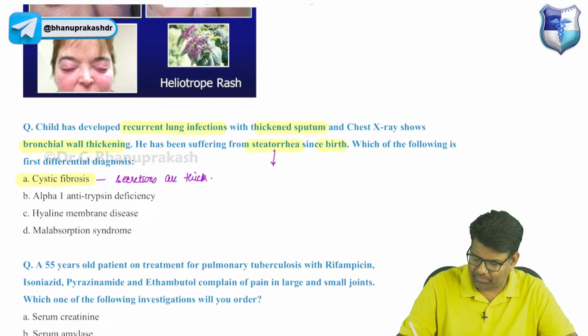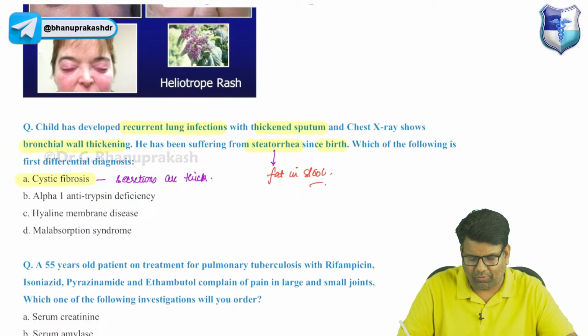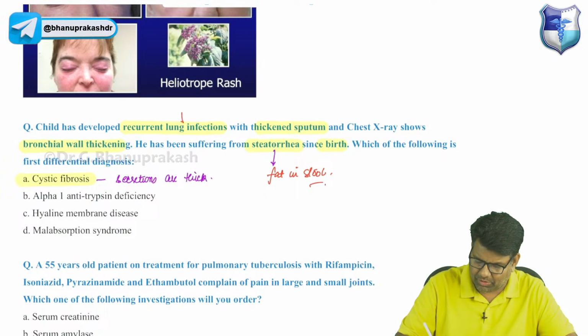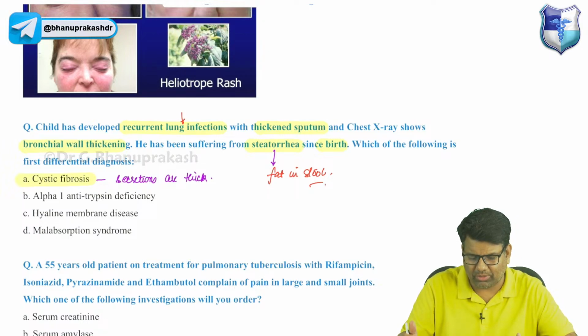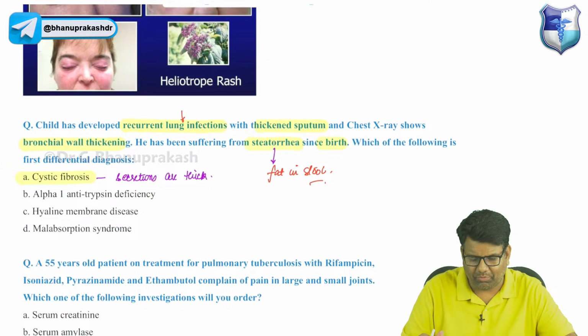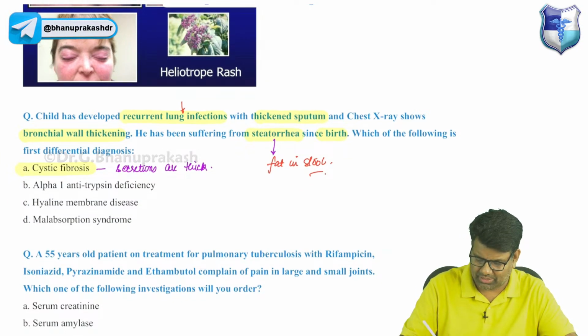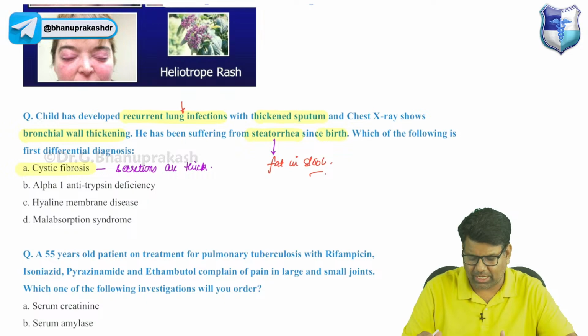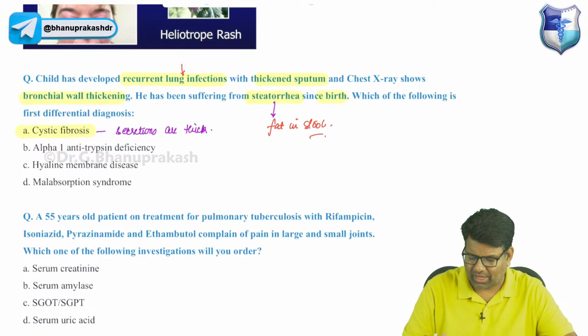What is steatorrhea? Fat in the stool. So there is malabsorption of fat, because the pancreatic secretions are also thick. Then recurrent lung infections because the bronchial secretions are also thick. Sometimes in a newborn we can also have a meconium ileus kind of picture. Very good. This is the classical presentation for cystic fibrosis where the secretions are thick.